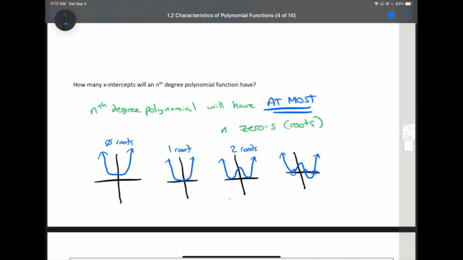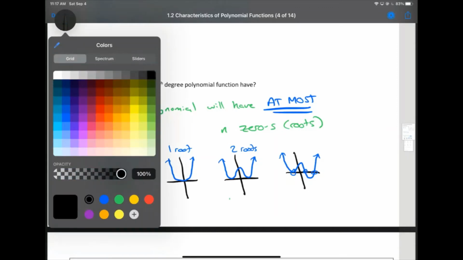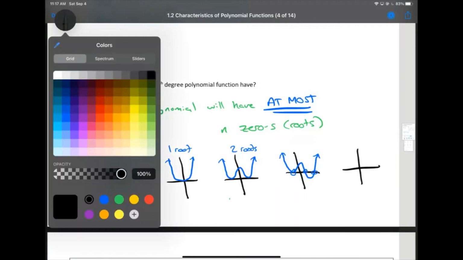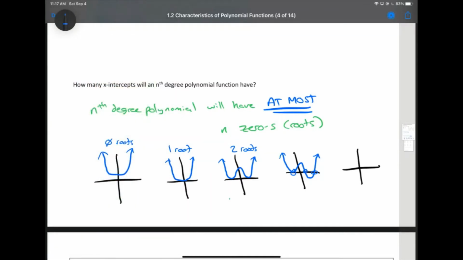So an nth degree polynomial will have at most n zeros or n roots, but it could have less, anything down to 0. I will point out that technically an odd degree polynomial, something that looks like a cubic, for instance, no matter how you draw this, because it ends up down there and up here over the extremes, it will always have to cross the x-axis at least once.